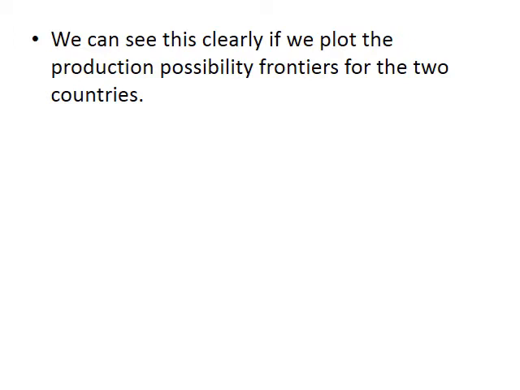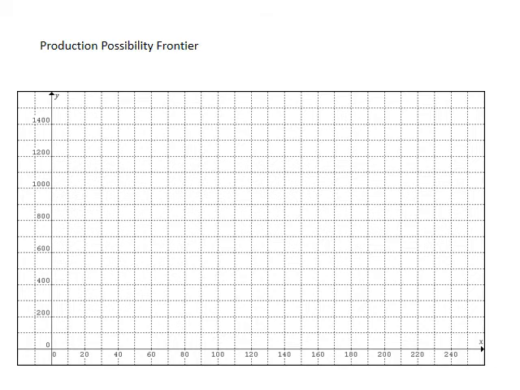We can see this clearly if we plot the production possibility frontiers for the two countries. I apologize, I don't have a ruler while I'm doing this, but Happy Land would start, so this is software here on this axis, hardware over here.